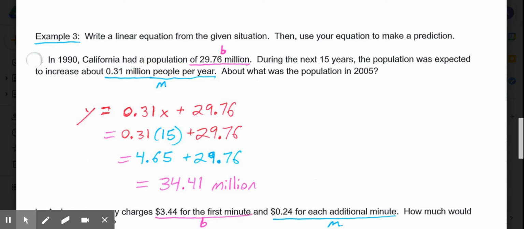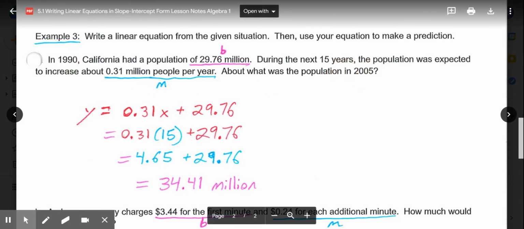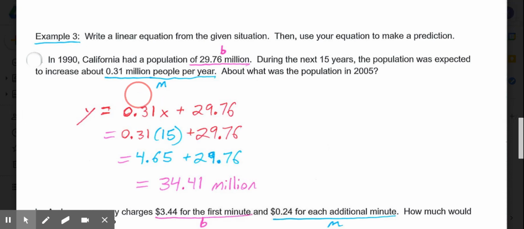And then it's asking what the population was in 2005, so 15 years later than 1990. So my original equation is y equals 0.31x. I'm writing this in y equals mx plus b, so my slope, 0.31, times x, plus the 29.76 for the millions of people that we began with.